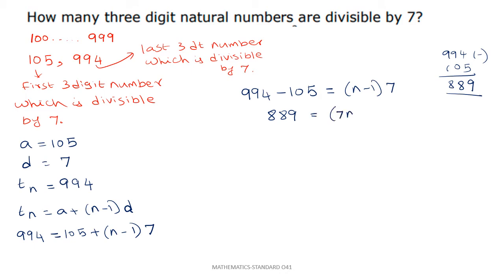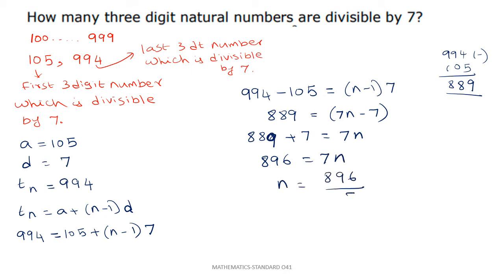889 is equal to, let me open the bracket, 7n minus 7. So 889 minus 7, take to this side, that will become plus 7. So 889 plus 7 will give you 896. So n will be 896 divided by 7, 128.